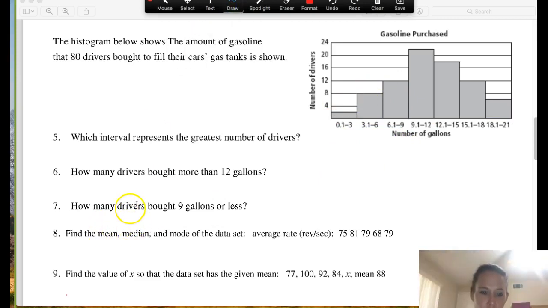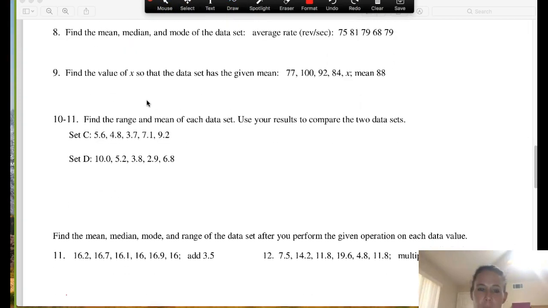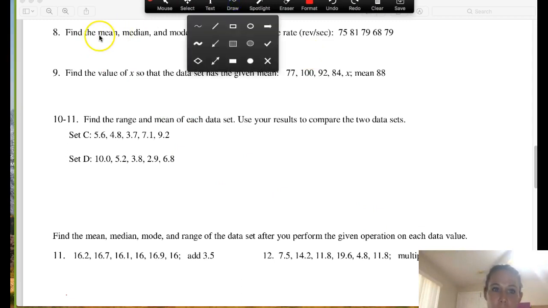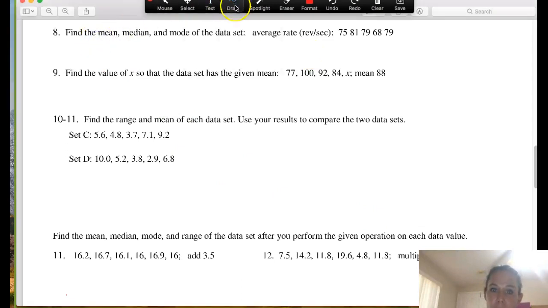All right, let's look at number 8. Number 8 asks us to find the mean, median, mode of this data set. And it's an average rate, revolutions per second. So mean, remember, mean is the average. So if you ask for your average test scores or your average for all the tests that you've taken, you add up all that data set, and you divide by the number of tests.